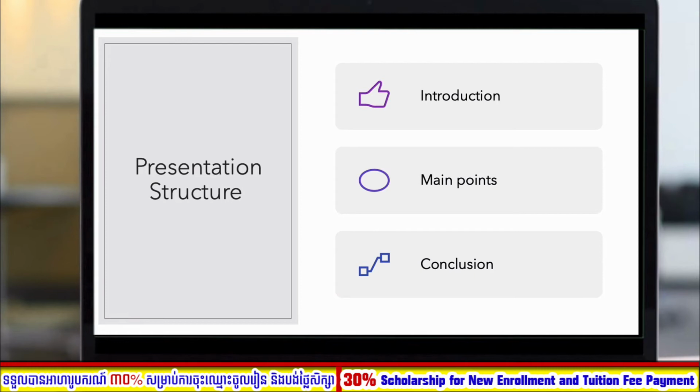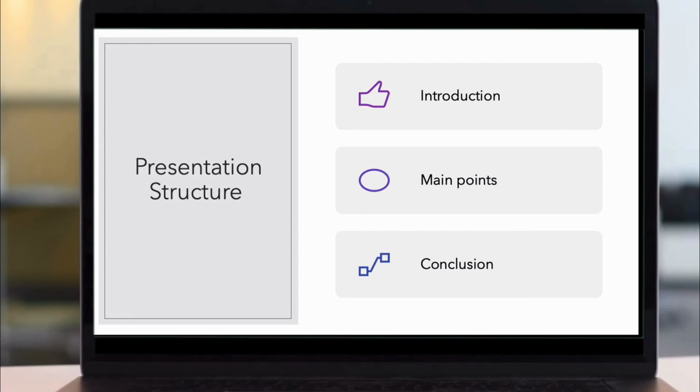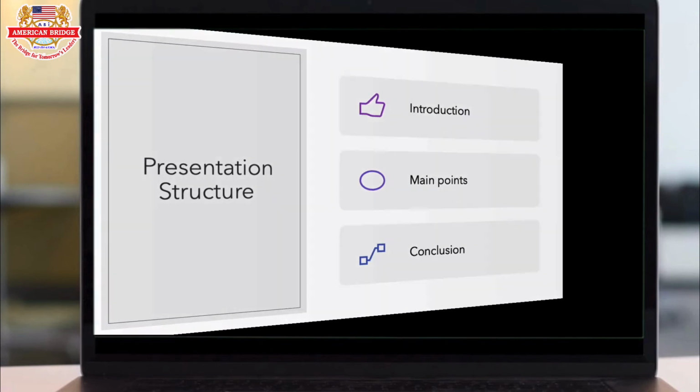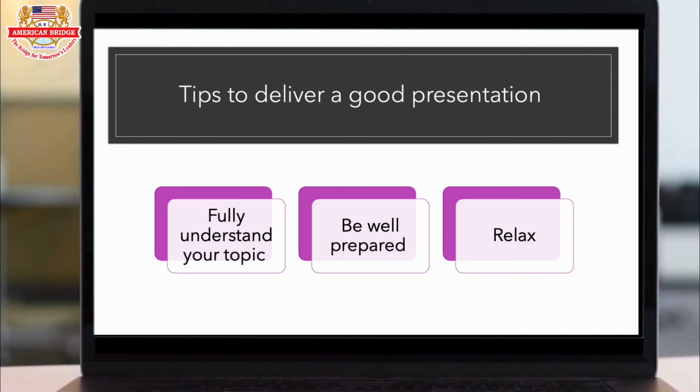But the problem is when you already prepare your presentation, you know, okay, I have visual aid, I have the picture, I have notes, and immediately when you go to do a presentation, how do you feel? Nervous. You feel very different from your preparations. So to help you with all of this, you need some tips in order to deliver a good presentation.